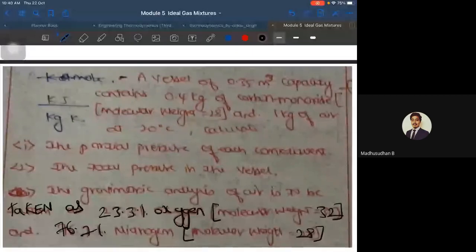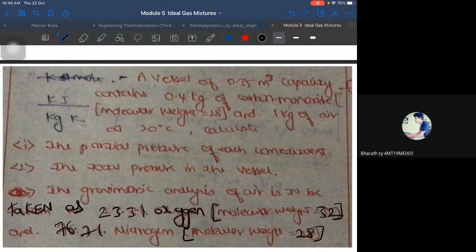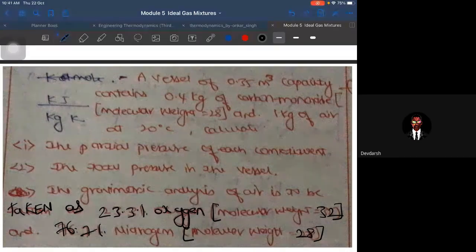Next, Akash. Bharatesh. Present, sir. Devdutt. Present, sir. Shahid. Present, sir. Wasim. Present, sir. Srijan.